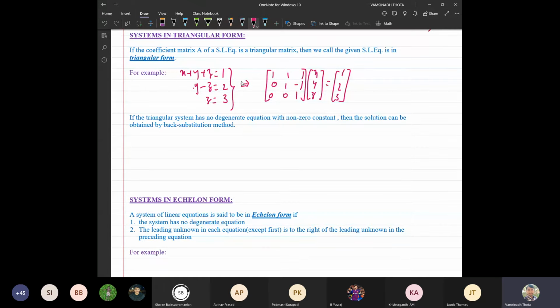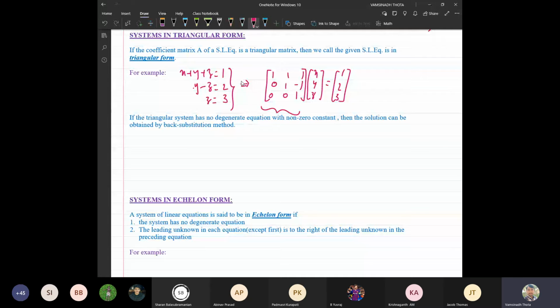The coefficient matrix is an upper triangular matrix, and hence the system is in a triangular form. Not only upper triangular; if the coefficient matrix is lower triangular, in that case also we can say the system is in the triangular form.